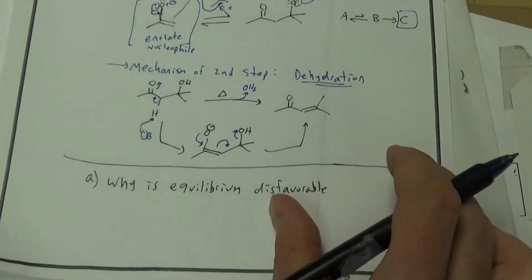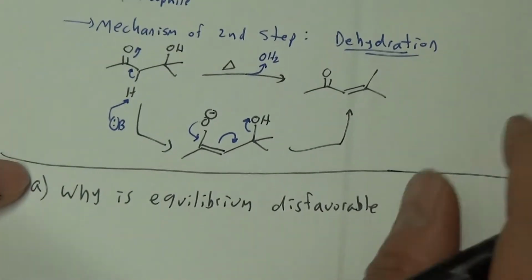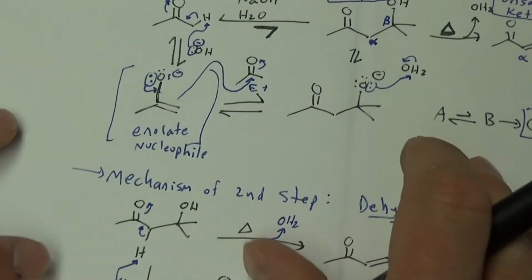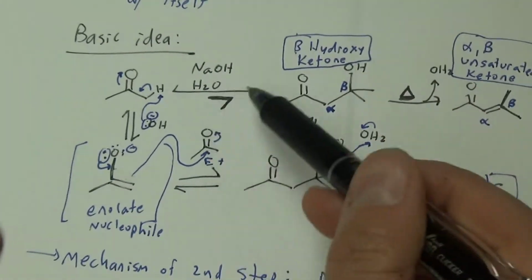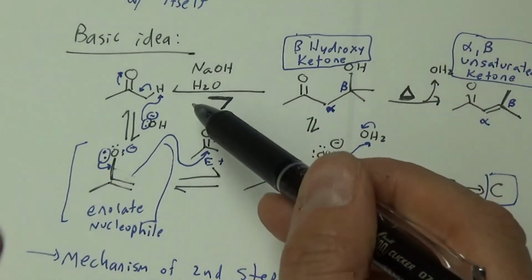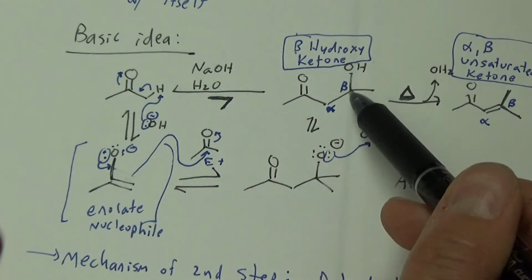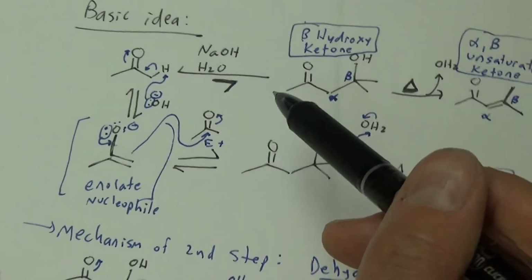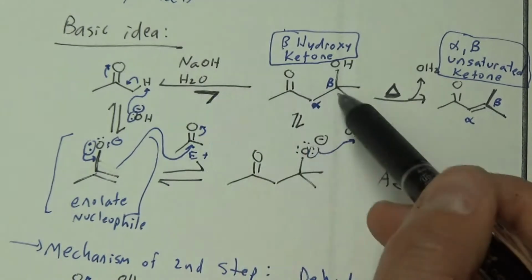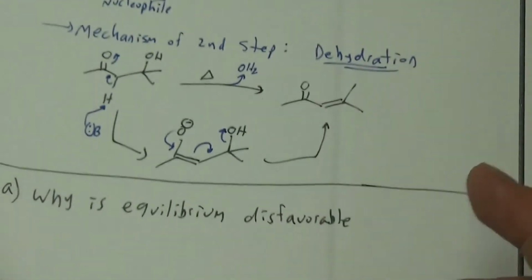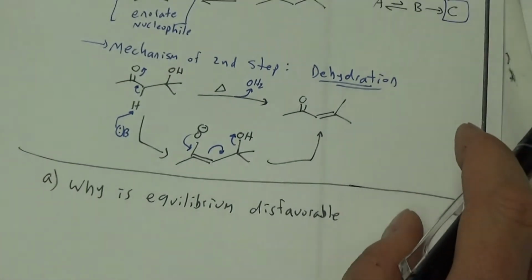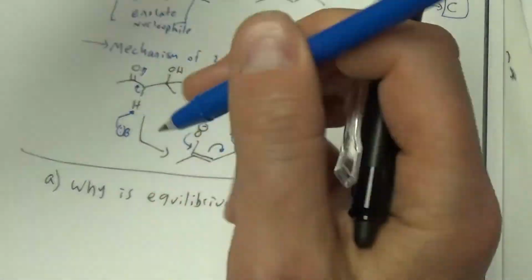And what I mean by that is up top here. Why was this disfavorable? It's like, why does it not want to go to the beta hydroxy ketone? Do you have any ideas on that? Like, why might it not want to go here, right? Why is the initial equilibrium disfavorable?